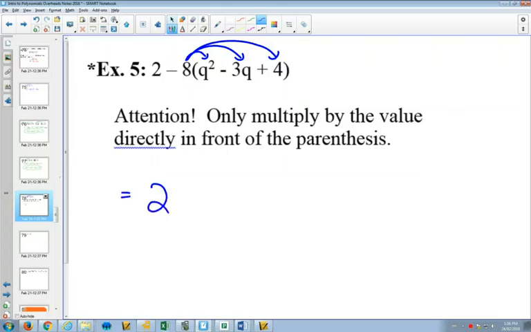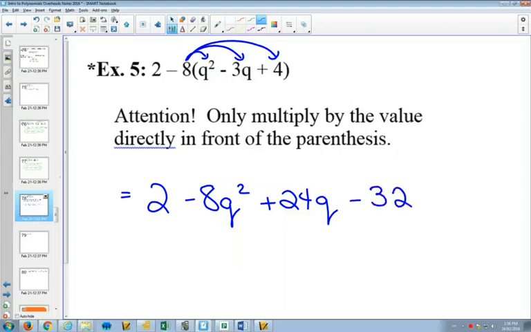That means you're still going to have a 2 out in front. Minus 8 times q squared will be minus 8q squared. Minus 8 times negative 3q will be plus 24, because 3 times 8 is 24. The variable will just be q. And negative 8 times positive 4 will be negative 32.